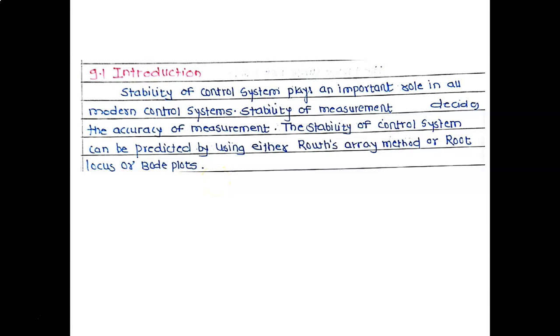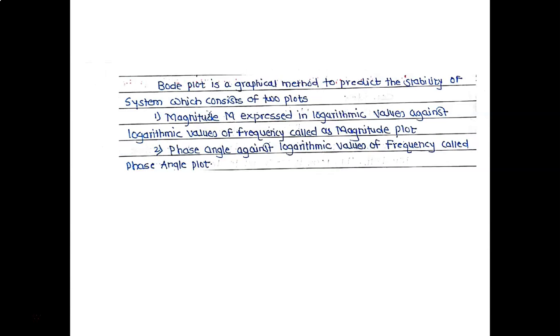Therefore, there are three methods to decide the stability of the control system. First is Routh's array method, second is root locus method, and third is Bode plots. Therefore, Bode plot is a graphical method to predict the stability of system which consists of two plots.